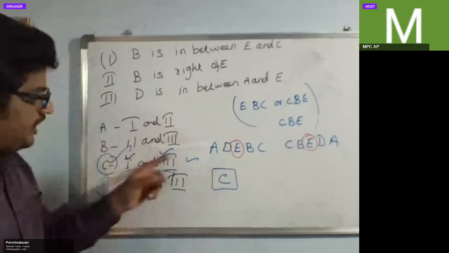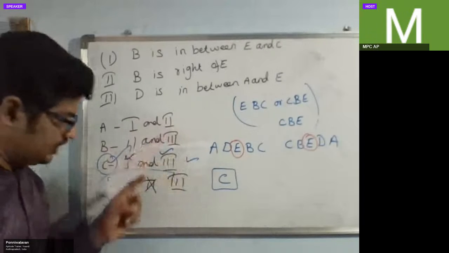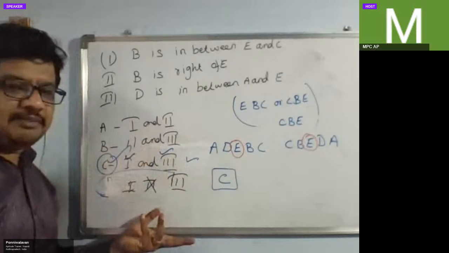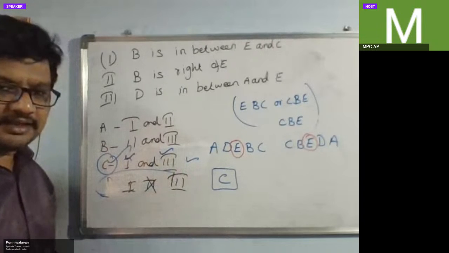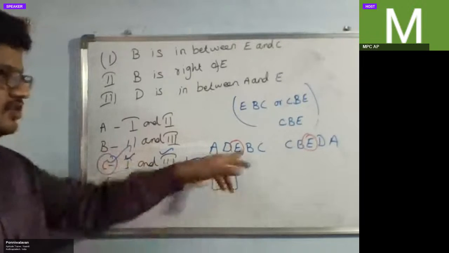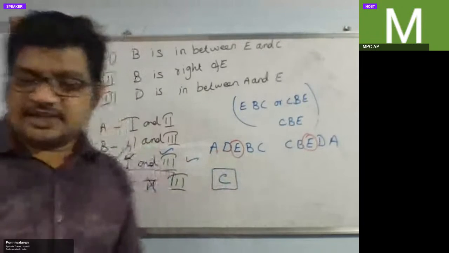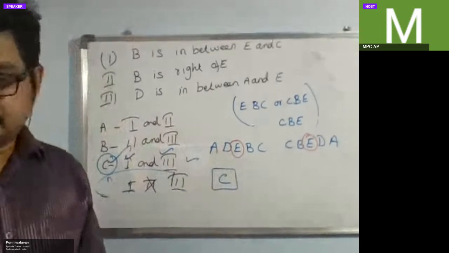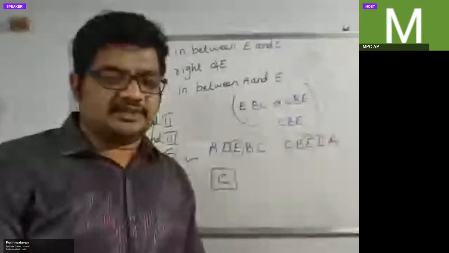Only if you are not able to find here, then only 2 is needed. Here 2 is like a dummy piece. So 1 and 3 is necessary to find who is in the middle. So option C is the answer.